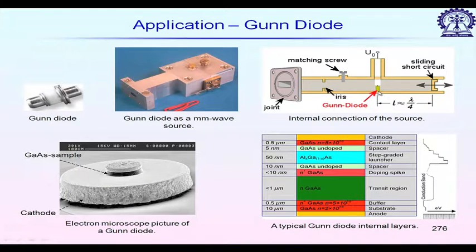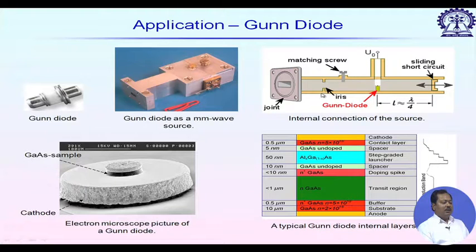So, the Gunn diode is placed inside the rectangular waveguide. On top of it we have the biasing arrangement which will provide that E TH value. And now the resonance frequency or the source frequency is determined by a tank circuit. Here it is realized by using a cavity resonator, waveguide cavity resonator.